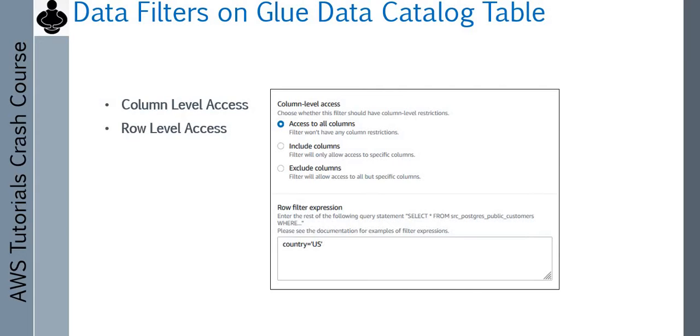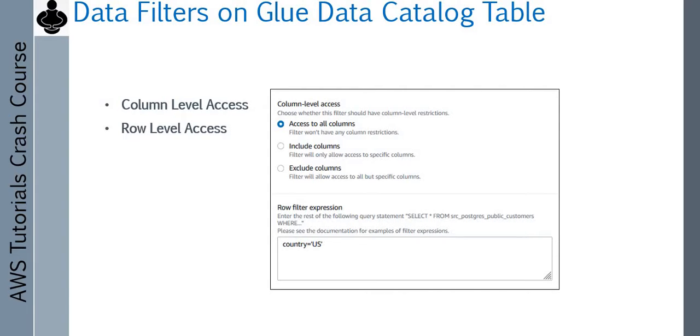In data filters, you can include or exclude certain columns. That means you can restrict access to certain columns in a table. And you can also create filter criteria to restrict access at the row level.